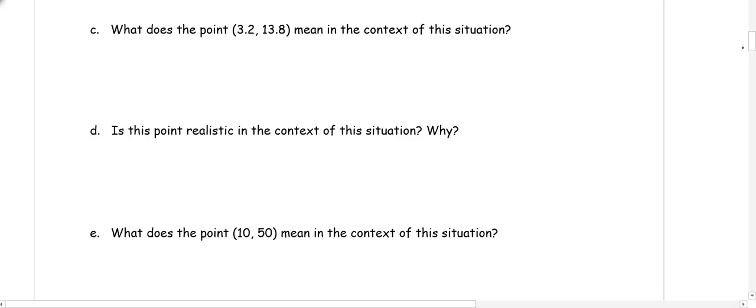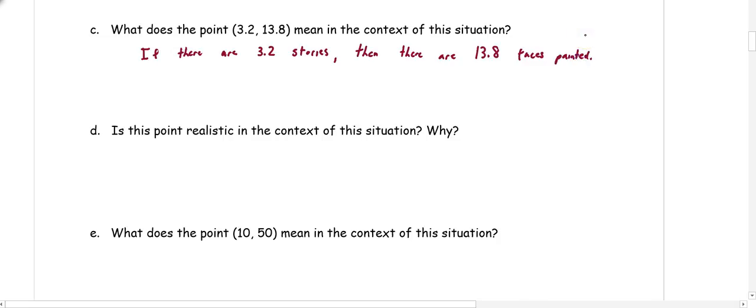C, what does the point (3.2, 13.8) mean in the context? So this means if there are 3.2 stories, then there are 13.8 faces painted.